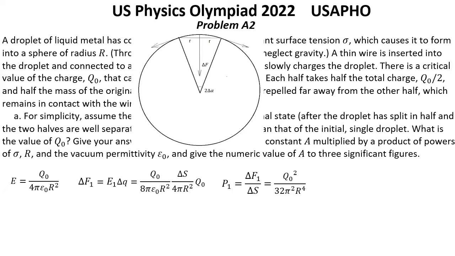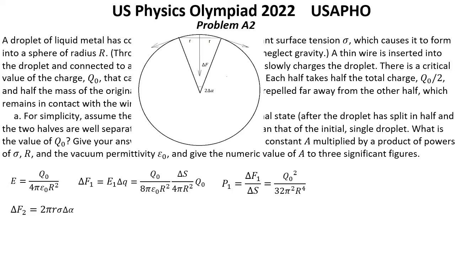If we take a small circle of radius small r on this droplet, we can calculate the force acting on this surface inward, because a small radius r of this surface subtends a cone with angle 2 delta alpha, and the total force equals the circumference, 2 pi r, multiplied by sigma, and we have to multiply it by sine delta alpha, which for small delta alpha just equals delta alpha.